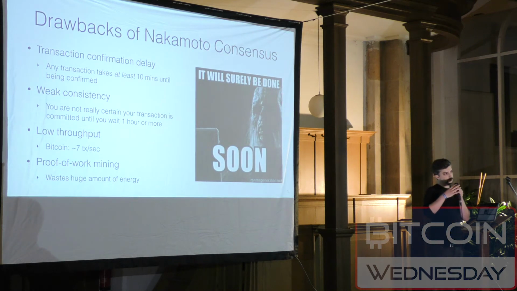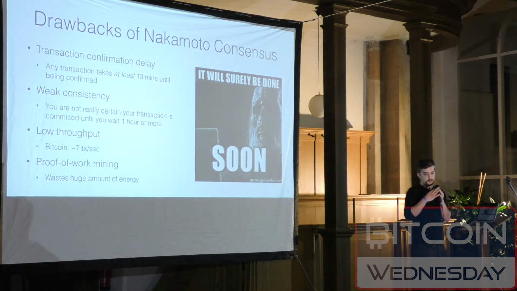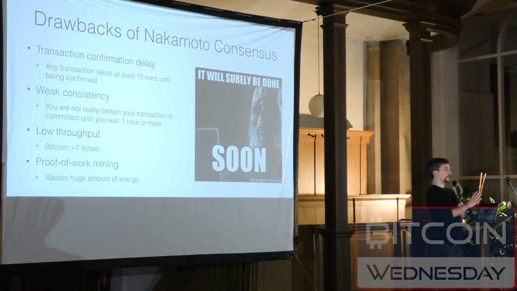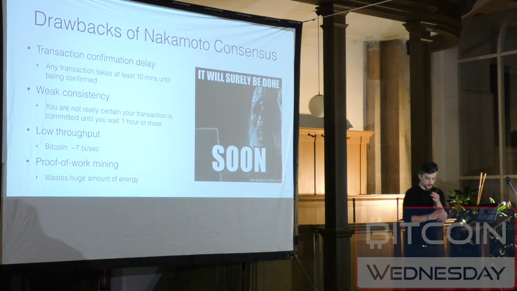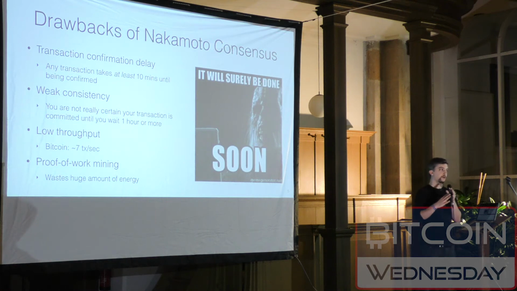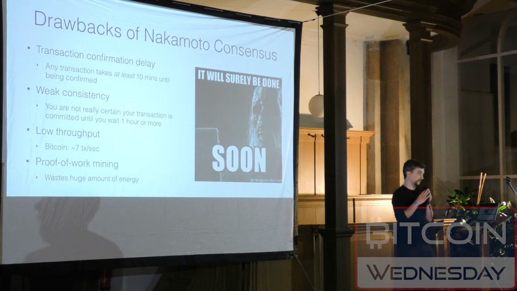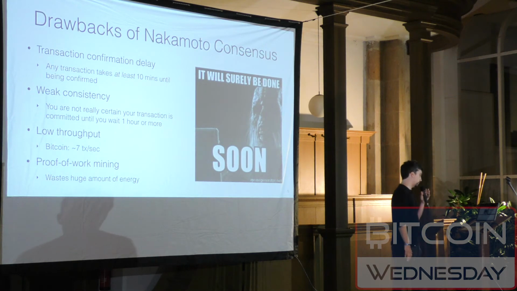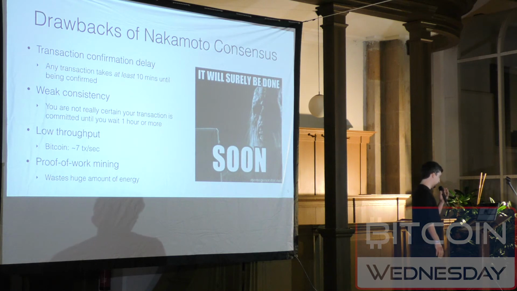And this weak consistency only goes away if your transaction is buried, let's say 6 blocks in the blockchain. So after roughly 1 hour, you can be very sure that your transaction is really confirmed, so that no more forks can happen at that point.